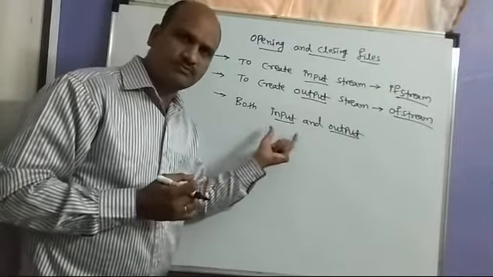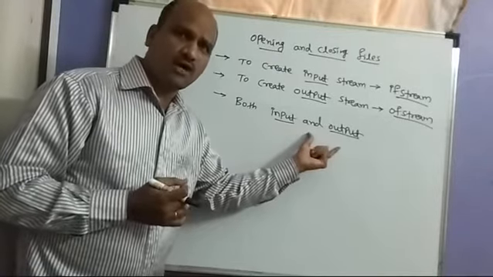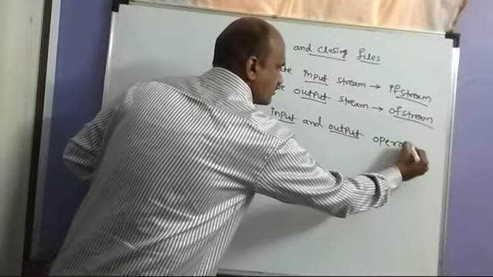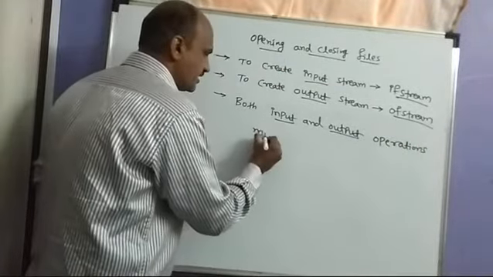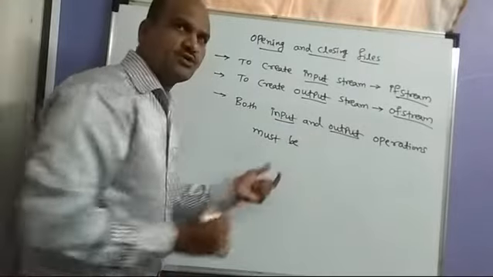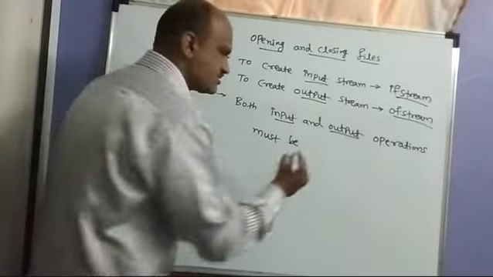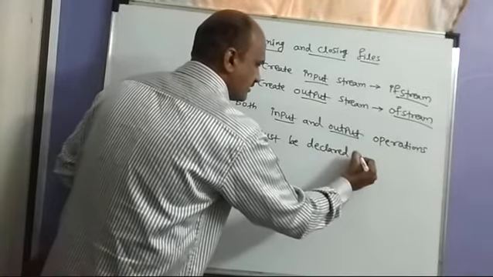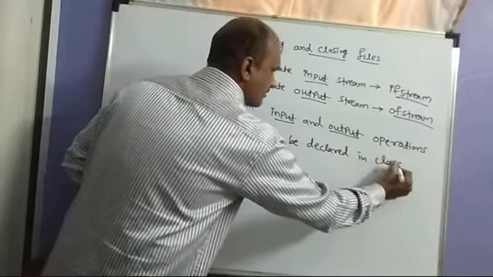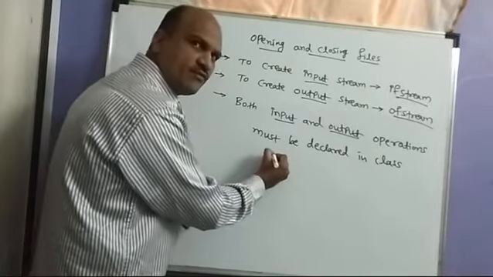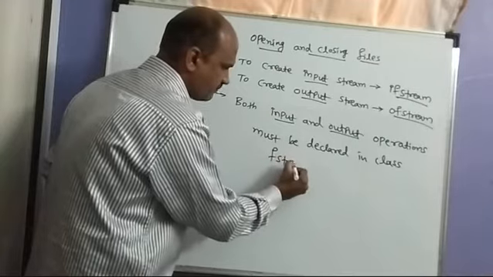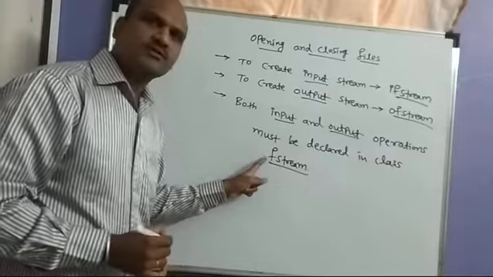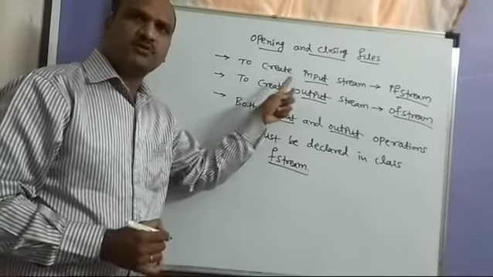So for both input and output, whatever the operations, they must be declared in the class, that is fstream. This fstream gives you both input and output.